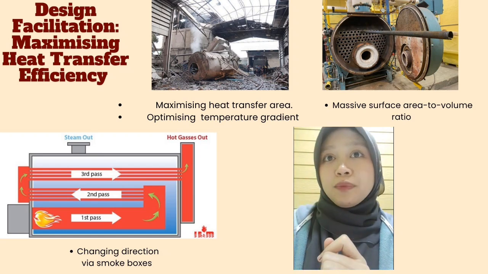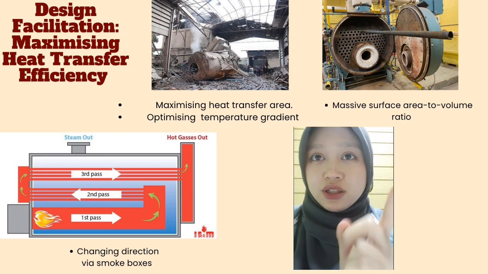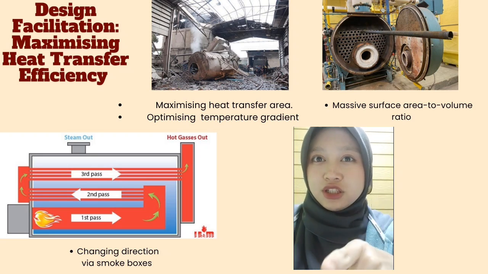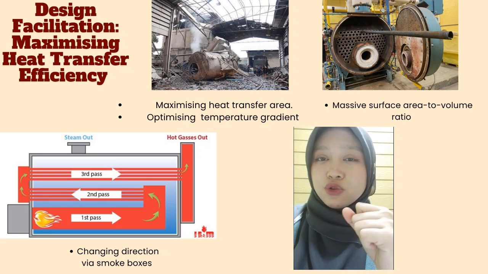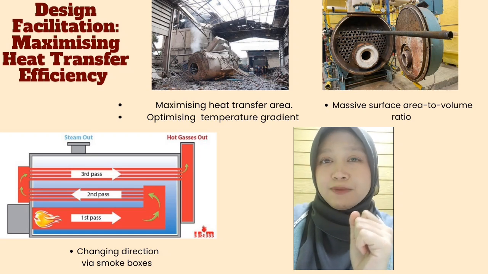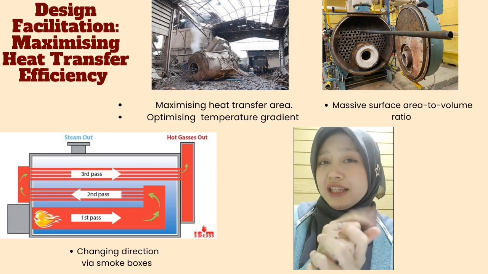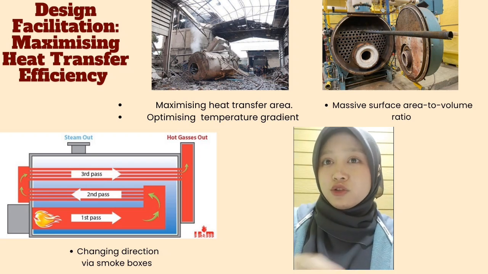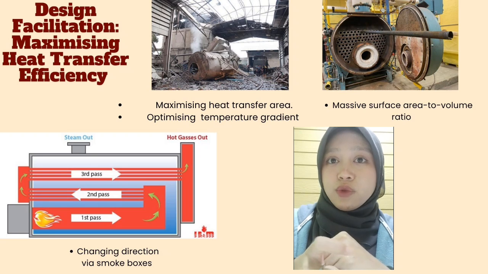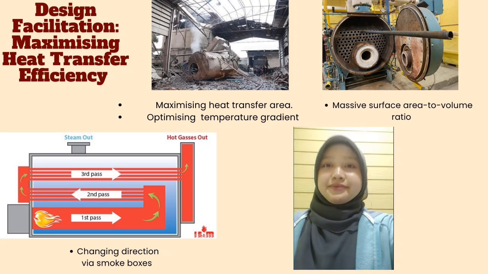If they only had one pass, the temperature difference between the gas and the water would drop quickly, making heat transfer inefficient. By forcing the gases to travel longer, convoluted paths, you ensure a more complete heat extraction before exit to the stack. This maximizes the residence time of the heat within the boiler.